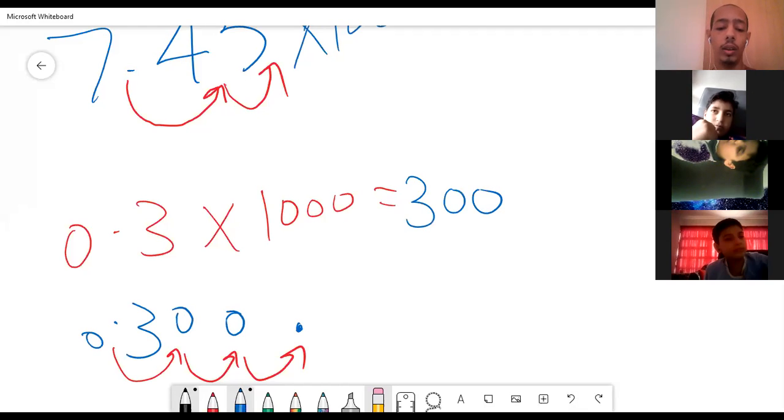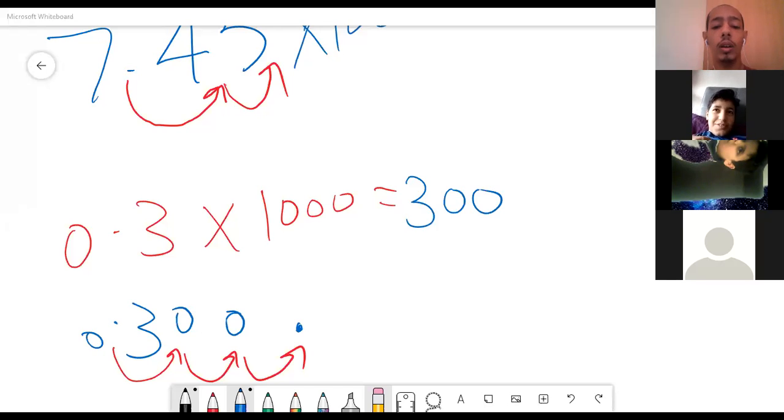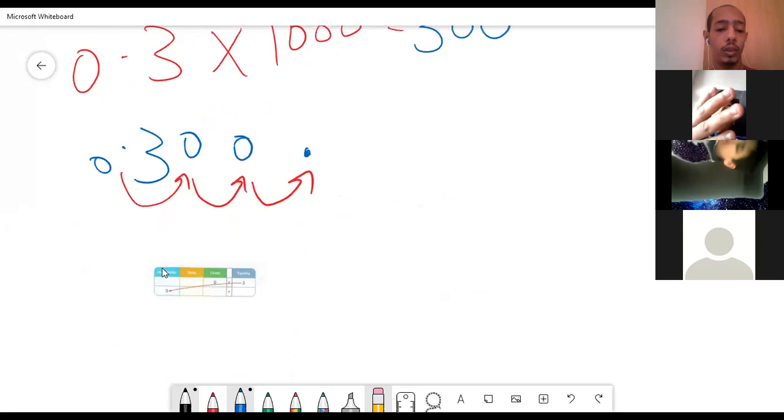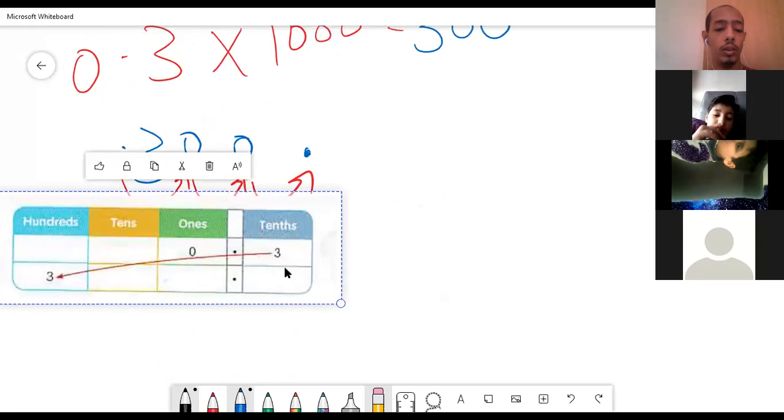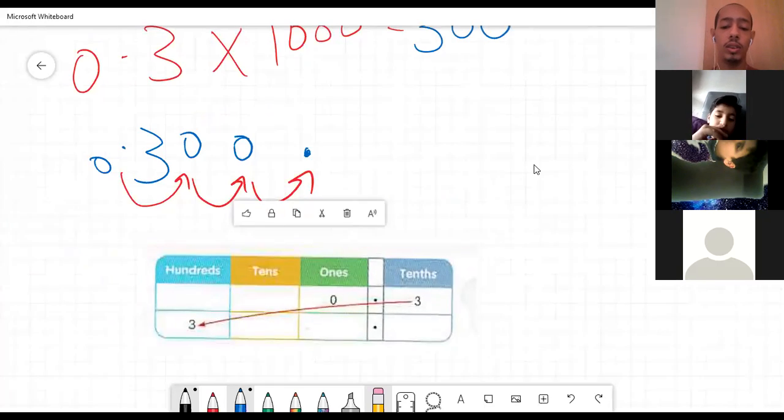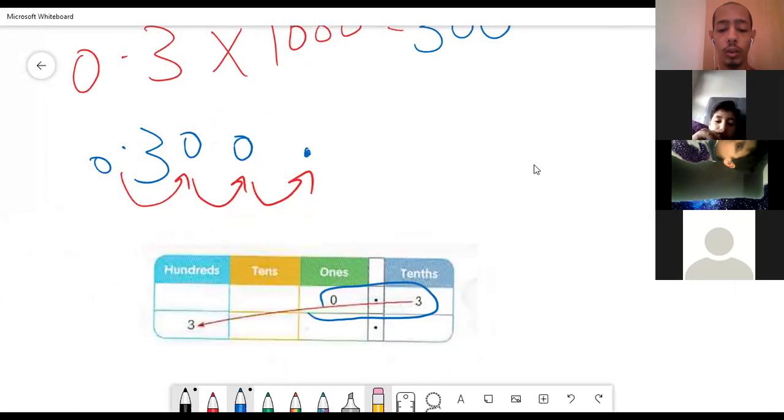To make it clear, let me copy this photo from the book to visualize the digit places. Okay, here it is. The number was 0.3, right?